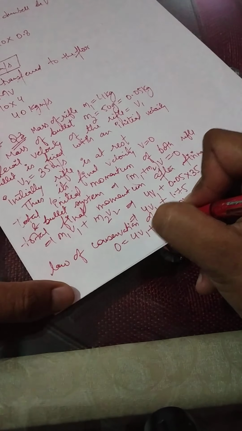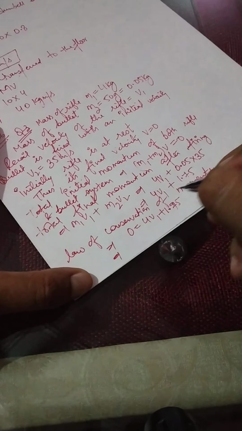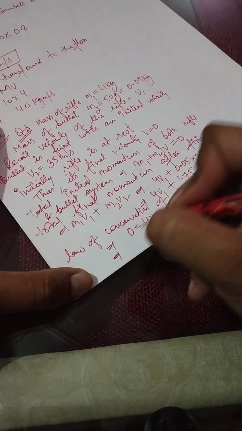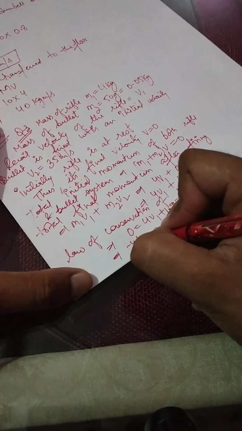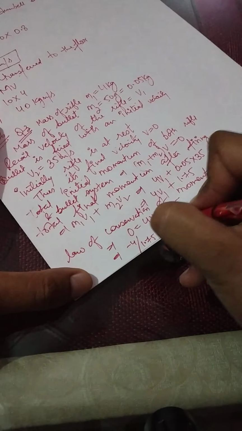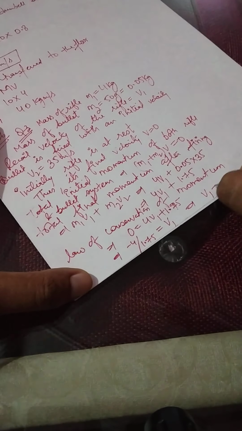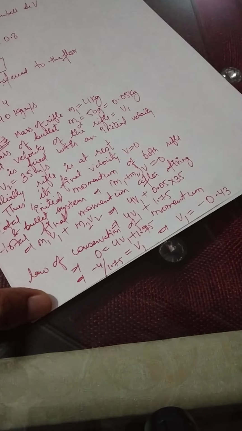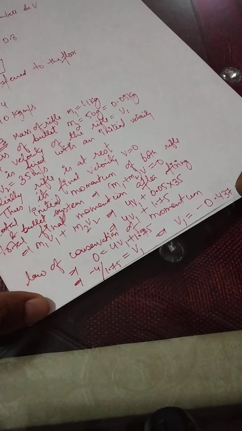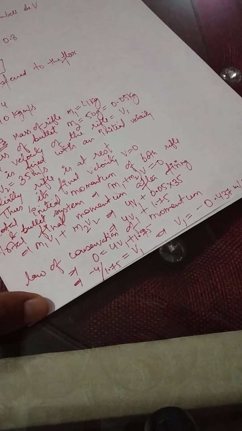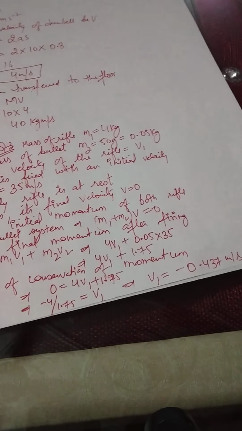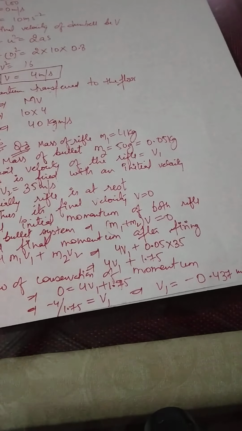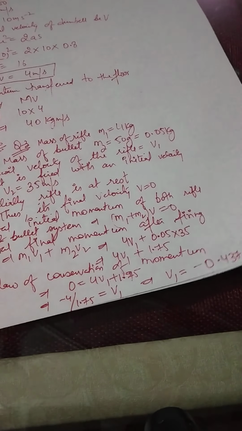If we solve for v1, it comes out to be minus 1.75 upon 4, and the value of v1 comes out to be minus 0.437 meters per second. This is the value of the initial recoil velocity of the gun.